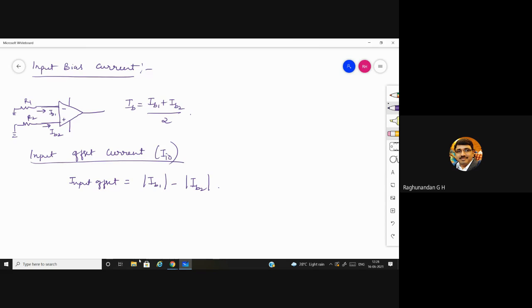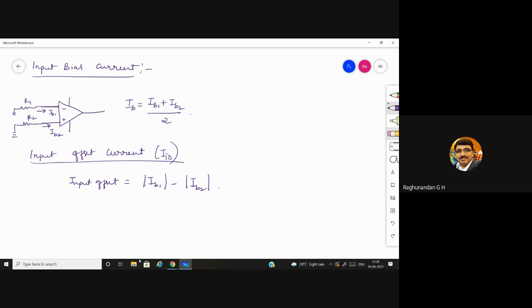So that's why we use this formula, to tell how much difference the op amp is going to have between the two terminals. Whenever this offset comes, that is the unwanted thing happening in the op amp. We should try to reduce those unwanted offset signals.